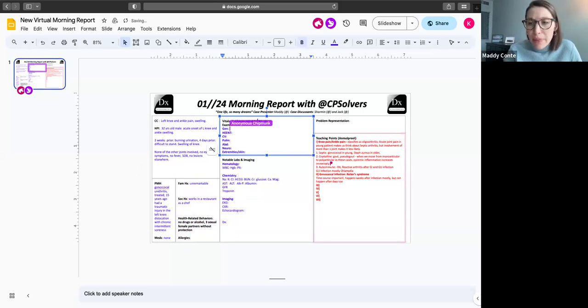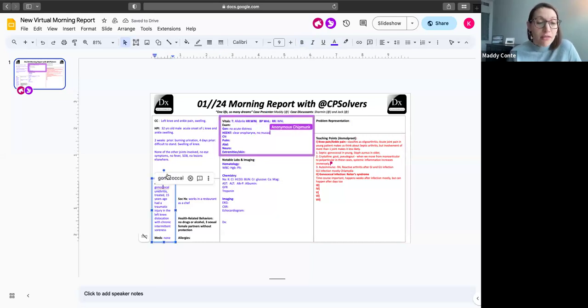In general, he appeared in discomfort, but no acute distress. For HEENT, he had a clear oropharynx, no mucosal lesions, no lymphadenopathy. The heart and lung exams were normal, no murmurs, lungs were clear. Abdominal exam was soft and non-tender. On the GU exam, there was some purulent urethral discharge.